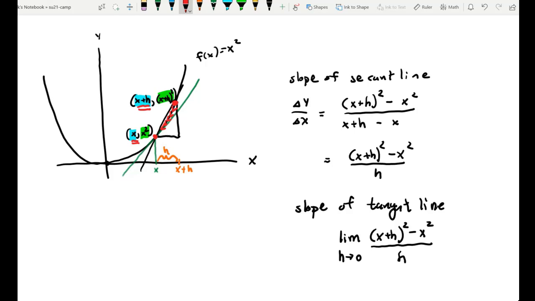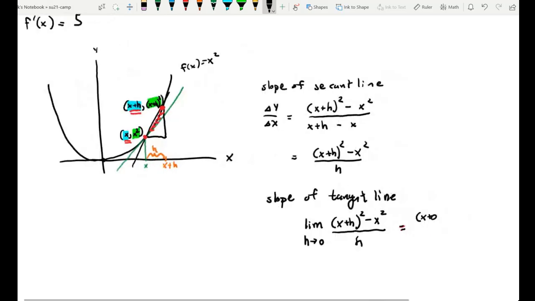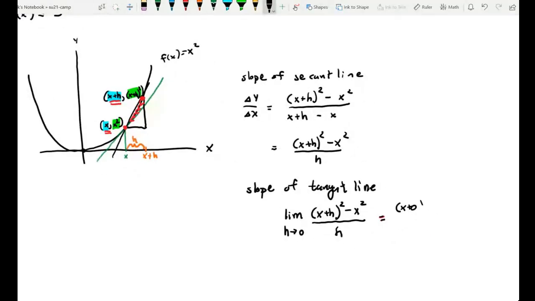So if we try to evaluate this limit directly, what happens? Well, as h goes to 0, we're going to get an indeterminate form. Right, because in the numerator, we're going to get x squared minus x squared. In the denominator, we have 0 as well.